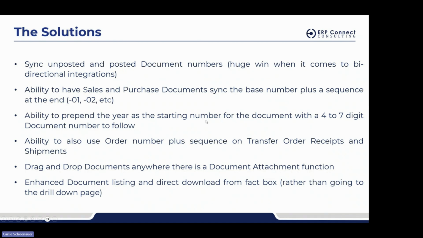So that's where I explained that they can start with the year 24 and then have a sequence at the end of it. And then with advanced, here's one more: the ability to use order number plus sequence on a transfer order, receipt, and shipments. And then for document attachments, drag and dropping anywhere with our tool, and then enhanced document listing and direct download from the fact box.